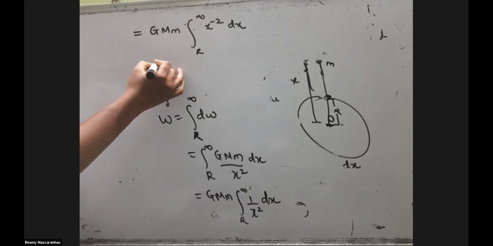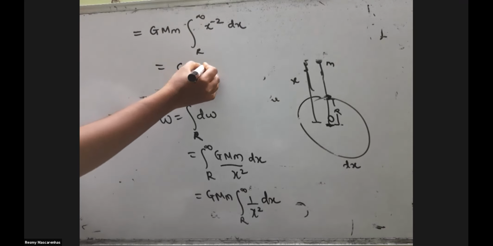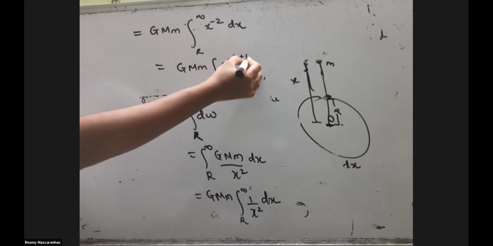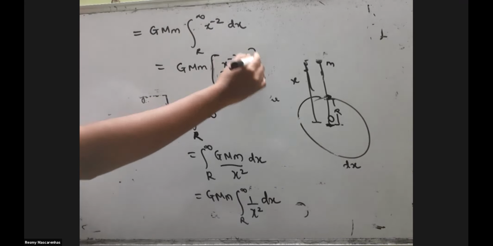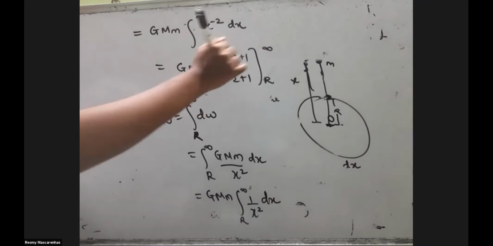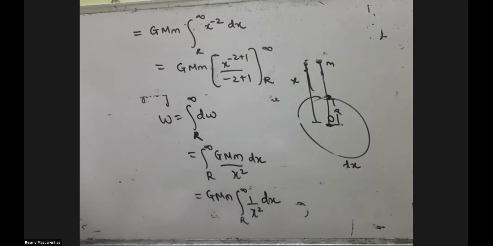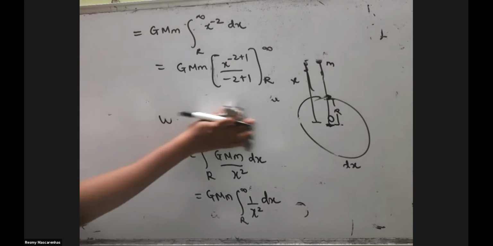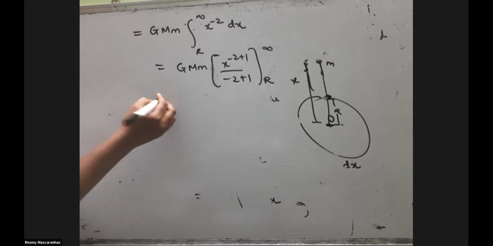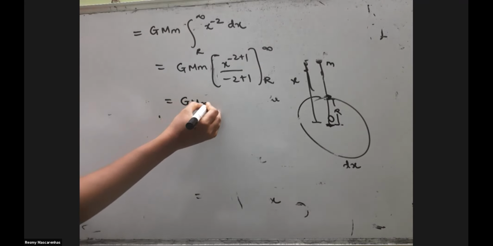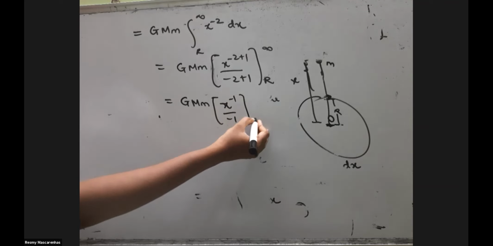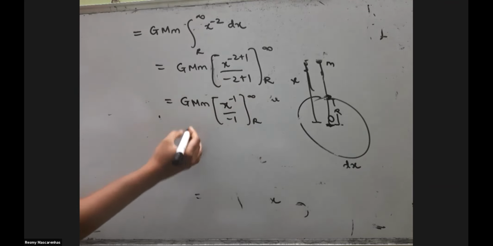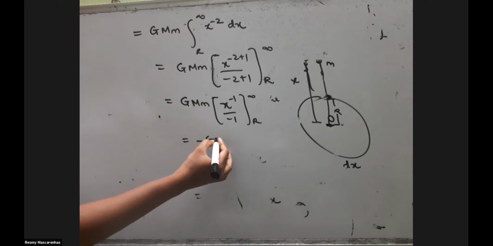So we know that the integral of this is x raised to n plus 1 upon n plus 1, so x raised to minus 2 plus 1 upon minus 2 plus 1. Minus 1 will come out and everything will become minus.